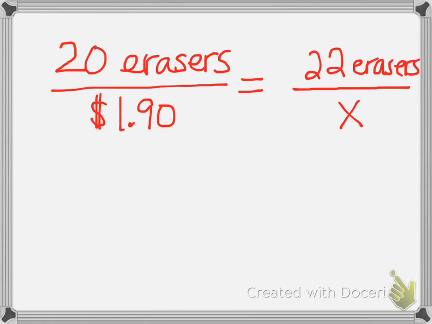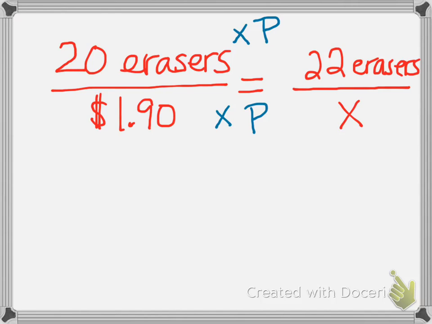Now, what we're going to think about is, what can we multiply the top and bottom numbers of the first rate by to get the second? In other words, what can I multiply this by, and multiply this by, to get this second rate? Well, I'm asking myself, what can I multiply 20 by to get 22? And we're going to call that number that we're looking for P.